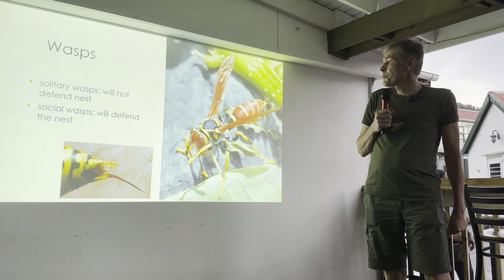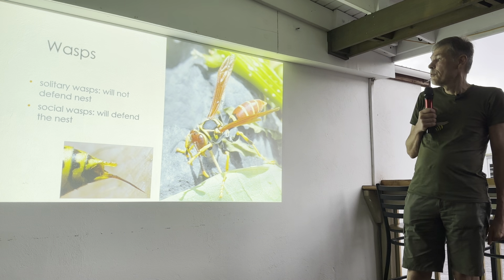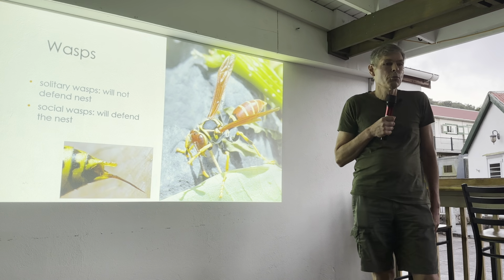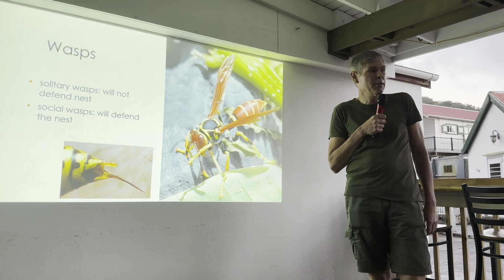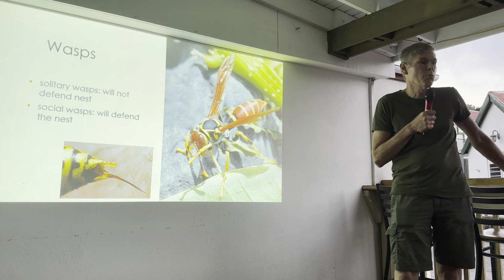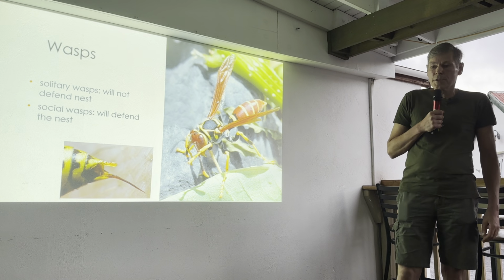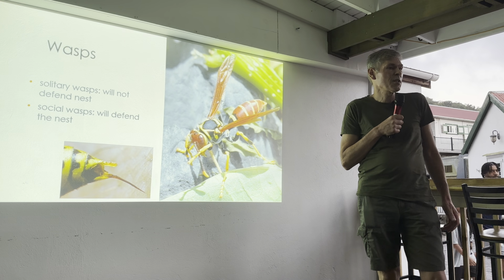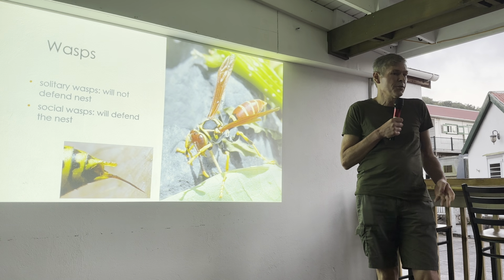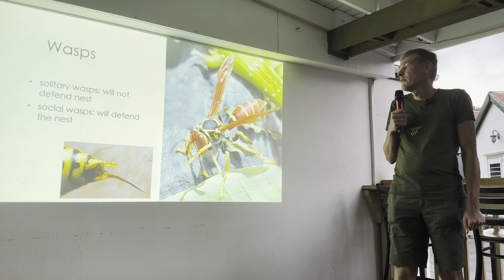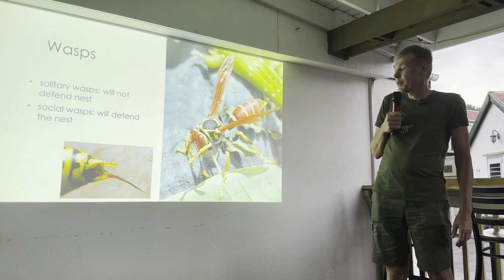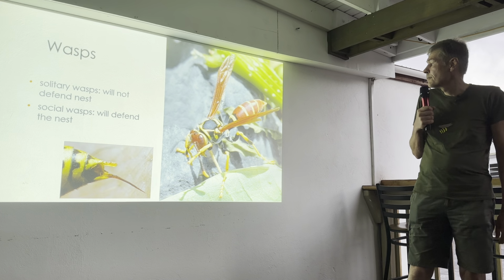Okay. So the wasps, we actually divide them into groups. We have the solitary wasps, which is the big group, which will have a female wasp which gathers food, builds nests, and just does everything on her own.